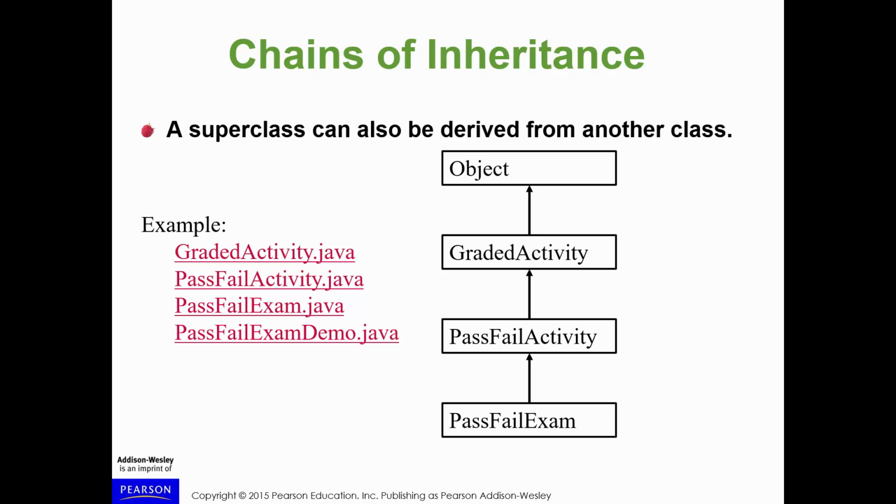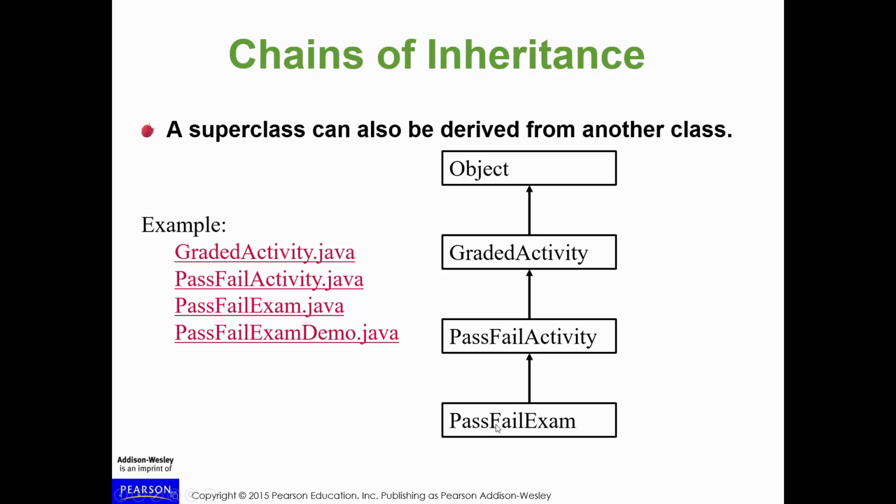Now here we have an inheritance chain that's 4 levels deep. Again, since we're computer people, the first level will be level 0, then level 1, then level 2, then level 3. So a graded activity is a type of object. A pass-fail activity is a type of graded activity. A pass-fail exam is a type of pass-fail activity.